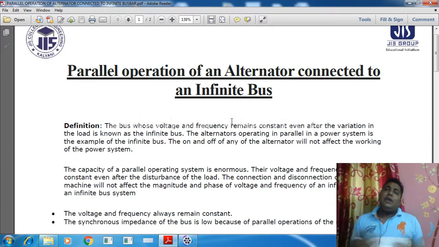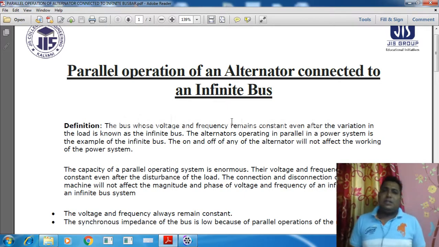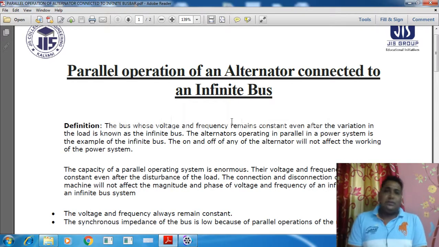When we think of a single alternator connected to some load, any change will affect the current, the voltage, the load, the power factor, so everything may change. But with an infinite bus, there are huge long transmission lines where different alternators are connected, maybe 2000, 3000, 4000 kilometers apart.